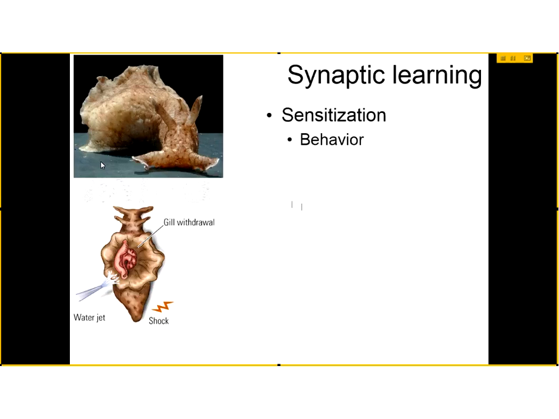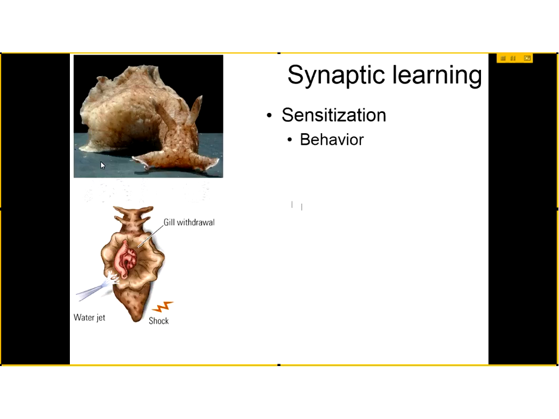When we do that, now, if we squirt the water jet, we're able to cause a dramatic withdrawal of the gill, and every little water jet will cause that to withdraw. We have basically a nice behavioral model of sensitization.